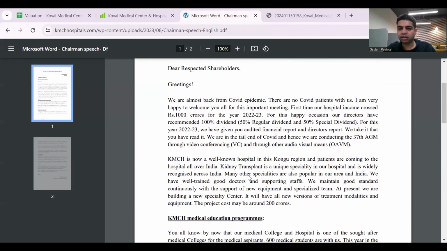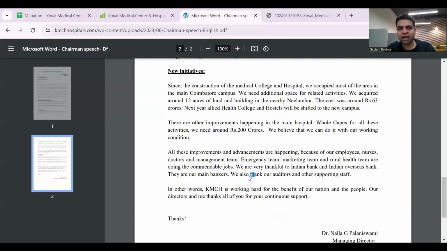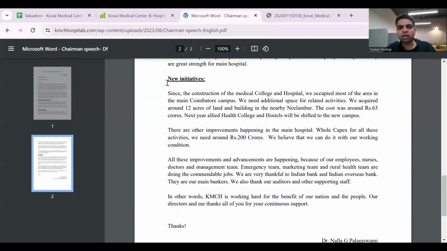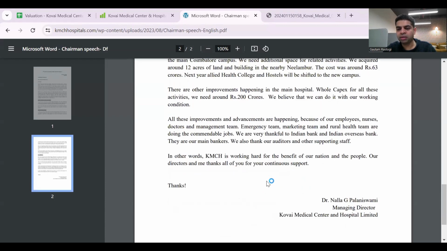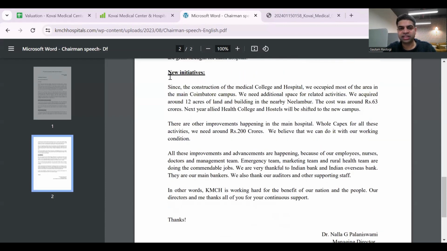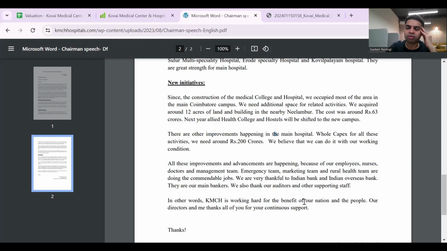Now, if you look at what their managing director is saying about new initiatives, they don't really give any guidance around increasing the number of beds. Important guidance from management, very important, because that would inform our view of modeling the sales, the revenue in the future years.